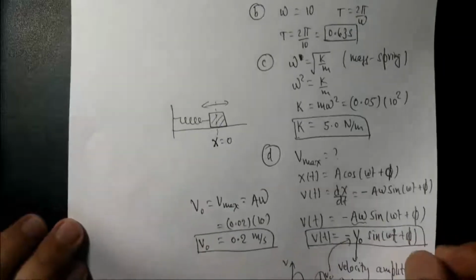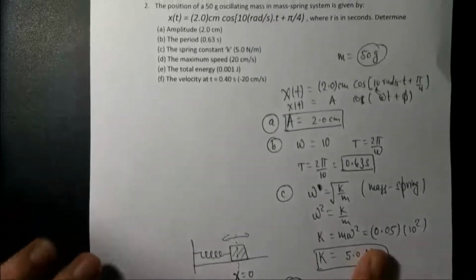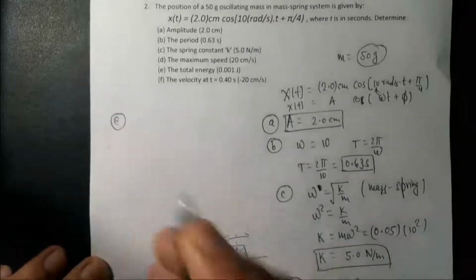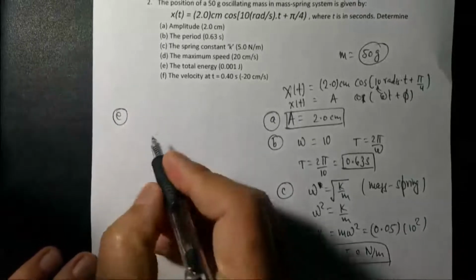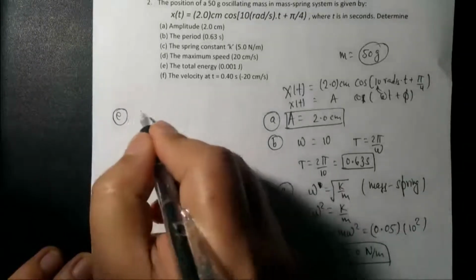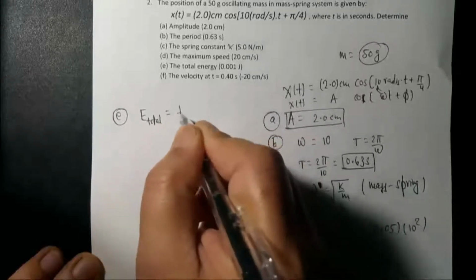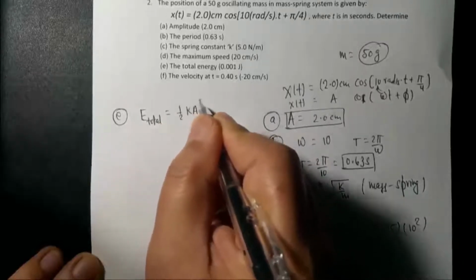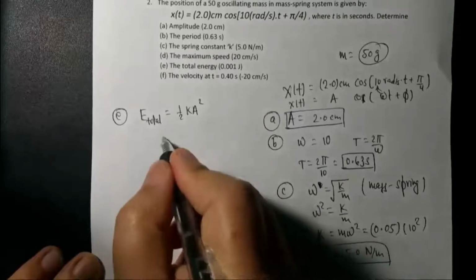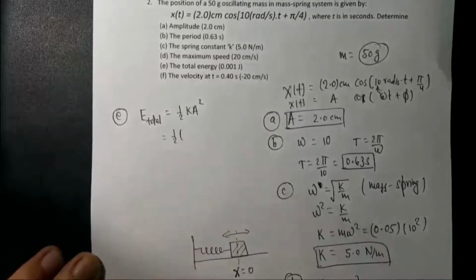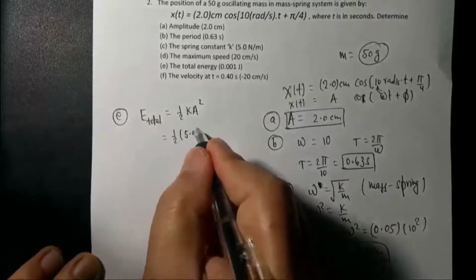And a couple more things. Next part: what's the total energy? The total mechanical energy for a mass and spring system, if you remember the formula, it's also on the formula sheet, is just 1/2 k x square. k is the spring constant, which we have already calculated.